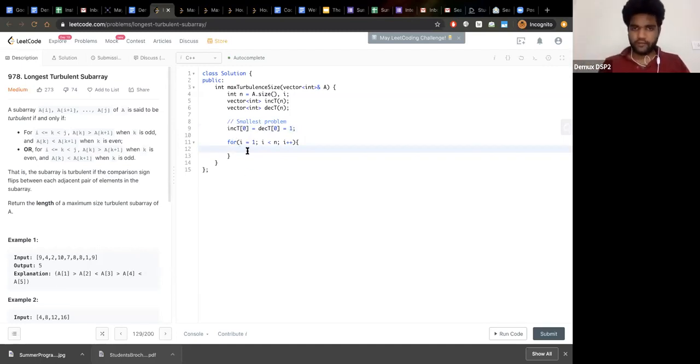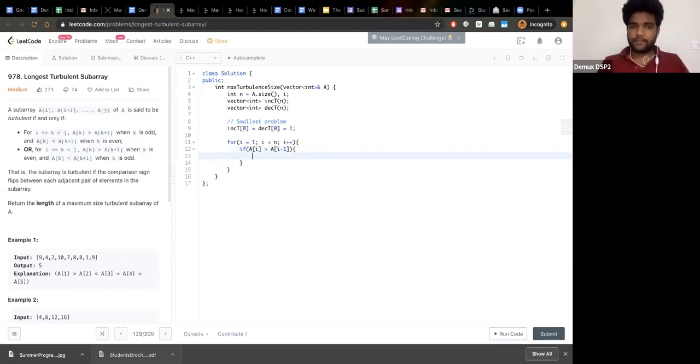So now you have two cases. You have to update both of them, right? So now see, if A of i is greater than A of i minus 1, then what does that mean?